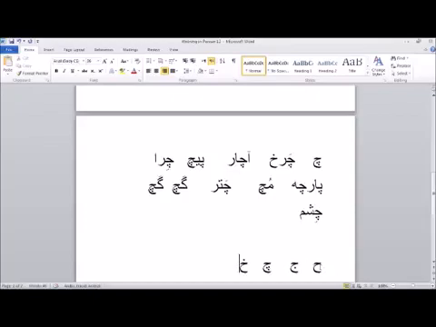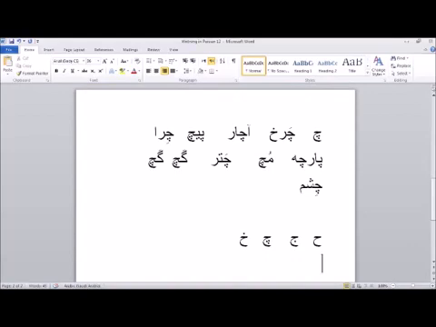No dot, he. One dot, j or jim. Three dots, che, and one dot on the top would be khe. Okay? So, he, j, che, khe. I don't think that you have any problem pronouncing these three, but you may find it a little bit difficult for those who are non-heritage students. So, let's have some examples.